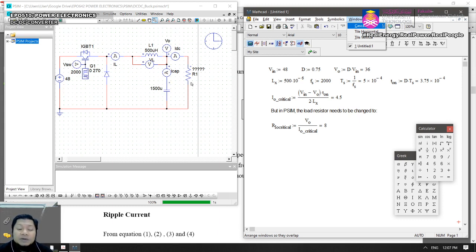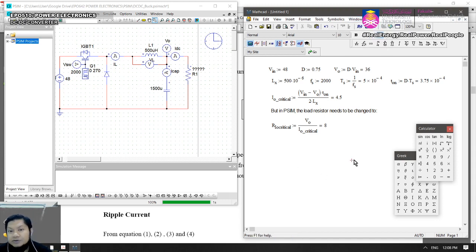And now we need to determine the inductor current as well as the R here, so that we can do the simulation of the boundary condition case, isn't it?